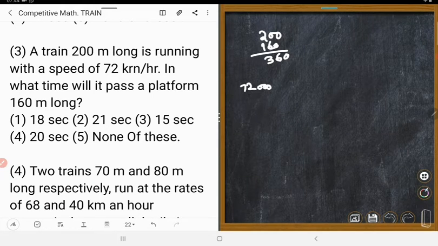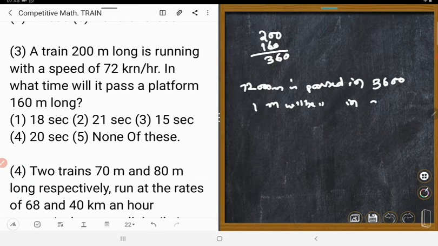72 kilometer means 72,000 meter is passed in 3,600 seconds. So 1 meter will be passed in 3,600 upon 72,000.